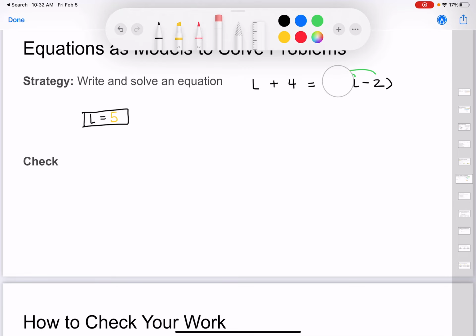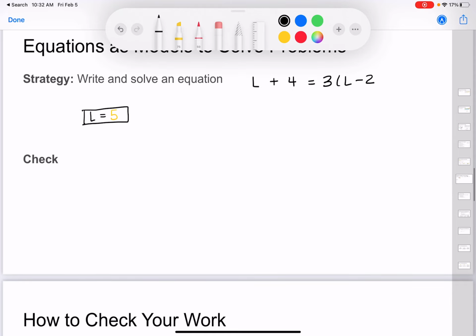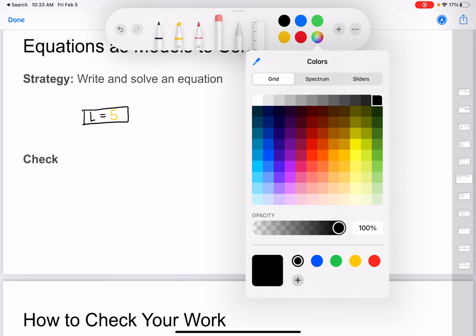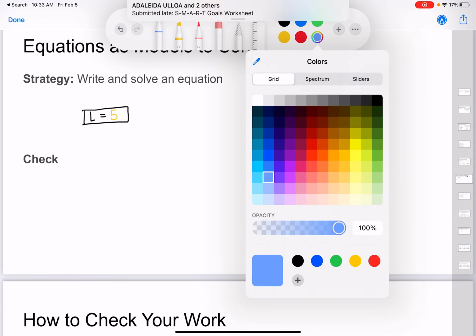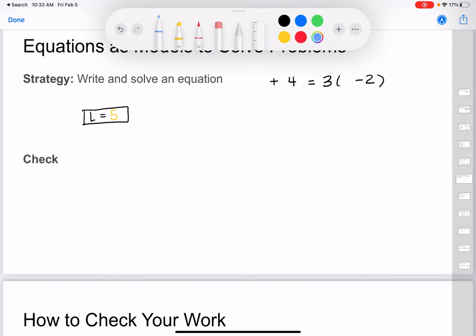So I'll rewrite this. Oops, sorry. My pen messes up sometimes. 3 times L minus 2. Okay, now I'm going to plug in my L, which is 5.